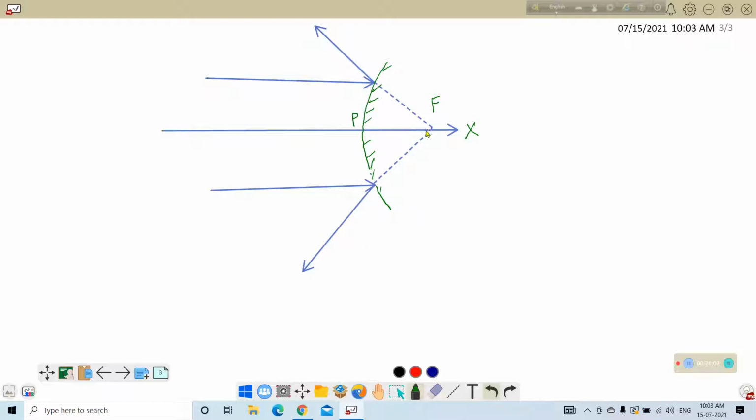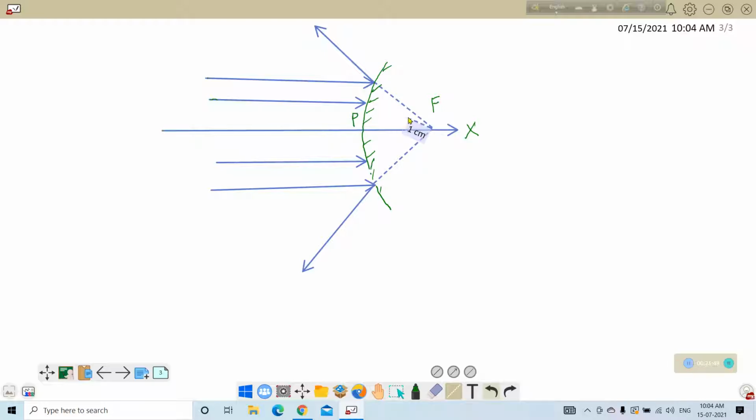Now any light ray that is parallel to the principal axis incident on the mirror, again we are taking a ray and another ray like this, and the manner of reflection will be like this.